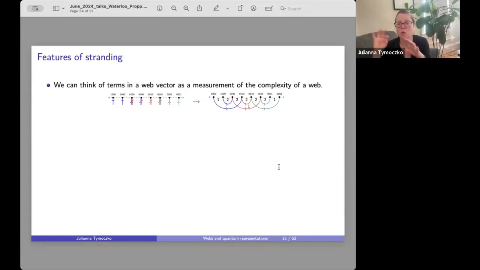So the only kinds of webs that can support this stranding, or equivalently, the only vectors that can have this term show up, are web graphs that have enough depth to match up with these numbers that you see on these faces.